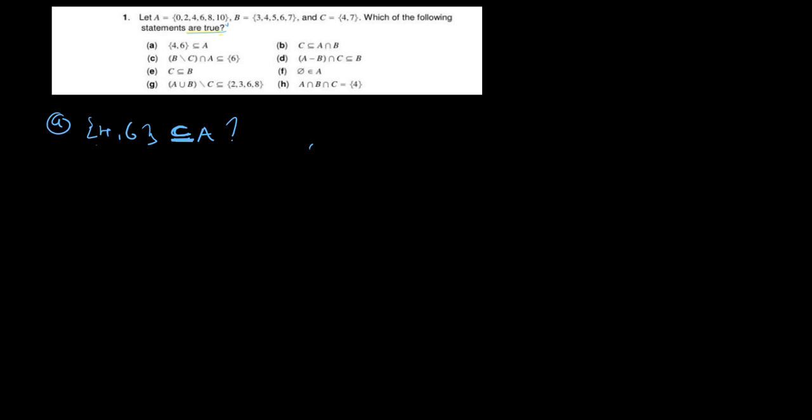If I say 2 is a subset or equal to 2, this rule is followed. Now that we have 4, 6 and they are just subsets, we'll say this is false, because there are other members apart from 4 and 6 that are found in A. To say true, it would have been written 2, 4, 6, 8, 10, like that.